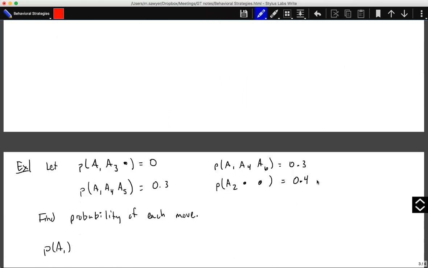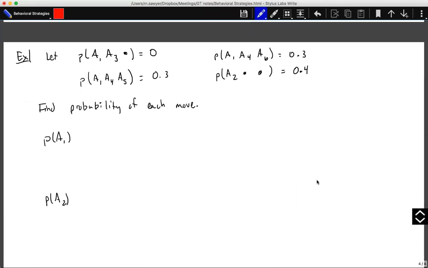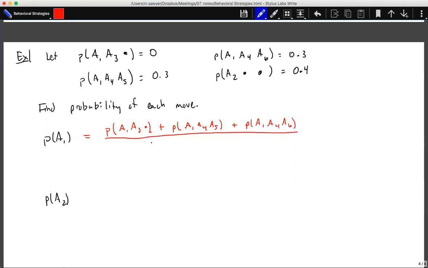So for example, now we know the probability of the behavioral strategies, and we want to find the probability of the moves within each information set. So for the probability of move A1, this would be the probability of A1, A3 dot plus the probability of A1, A4, A5 plus the probability of A1, A4, A6, because A1 is present in each of those options. And this is divided by the sum of all the options at this point.